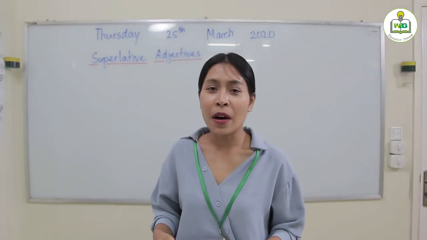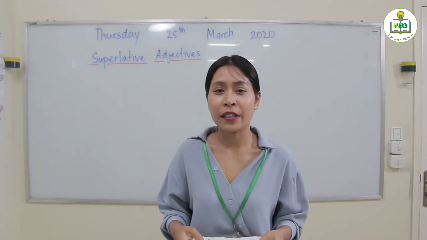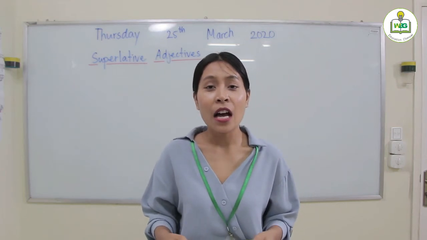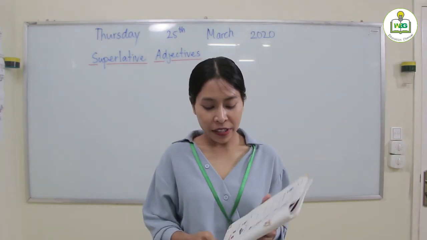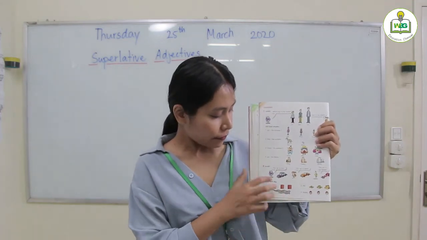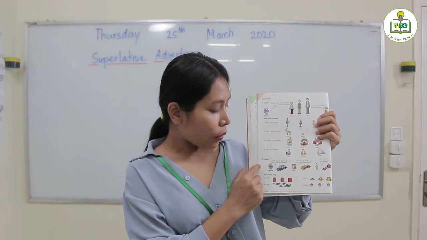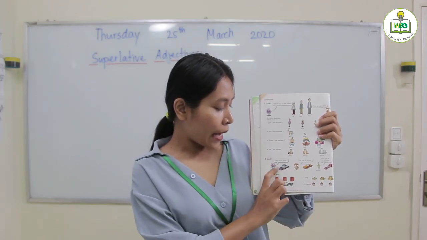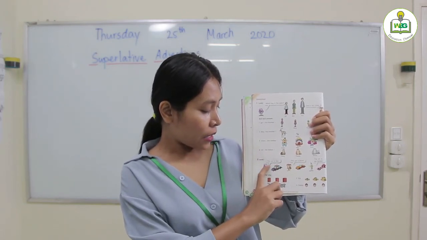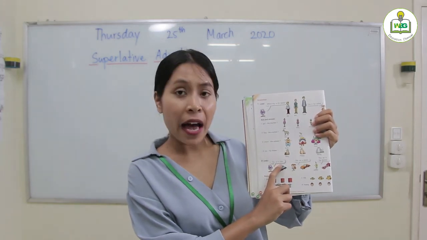Alright, to sum up the lesson of comparative and superlative adjectives, let's look at activity 2 on the same page. The normal adjective would be: this car is fast, right? So fast is the base form of the adjective.